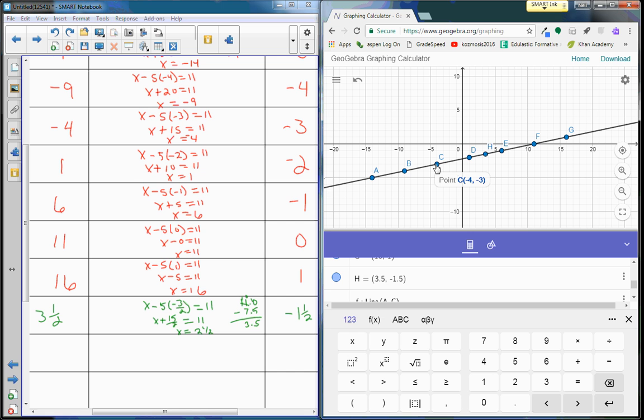How about we pick a point between B and C? C is -3, B is -4, so how about -3 1/2? So it's going to be x minus 5 times -7/2, which is -3.5, equals 11.